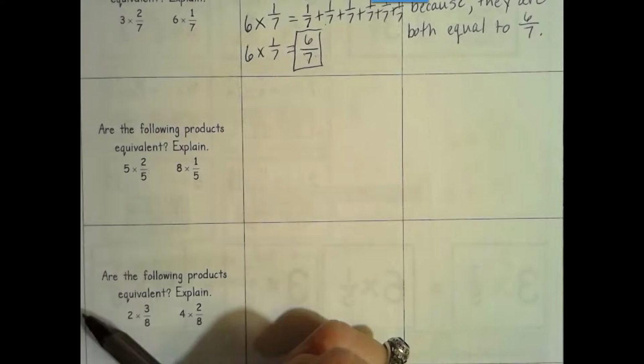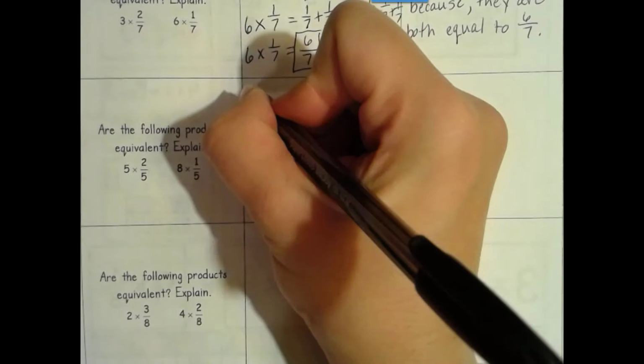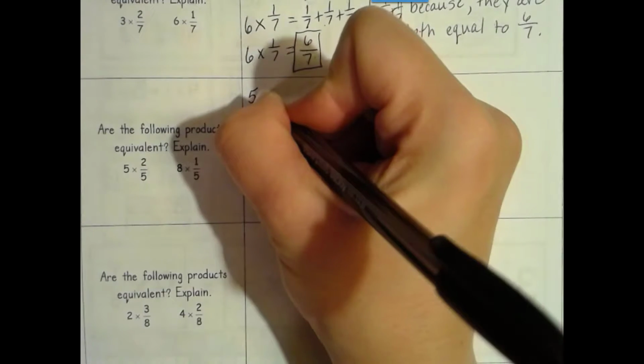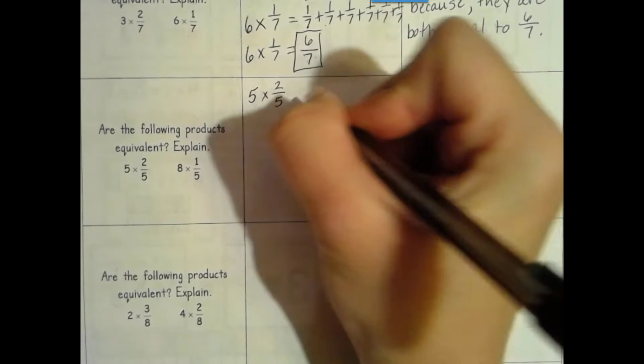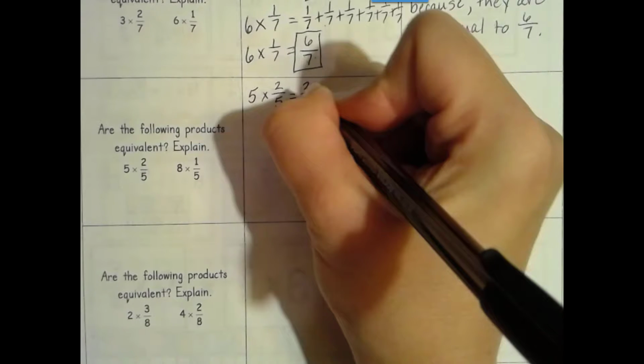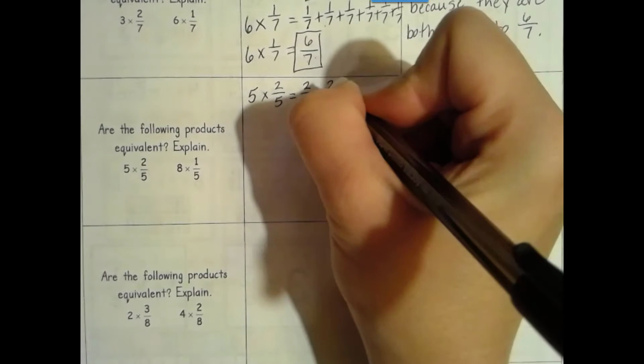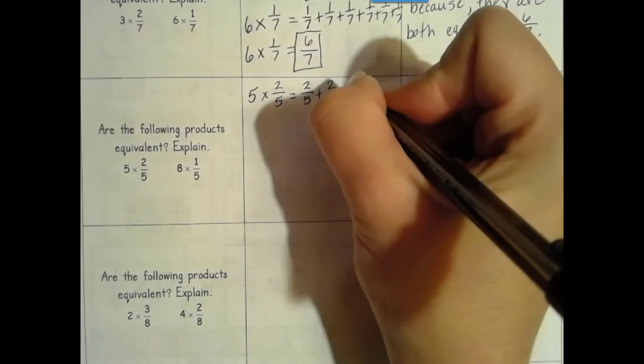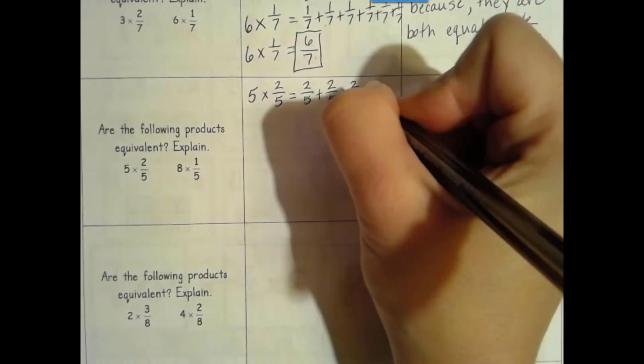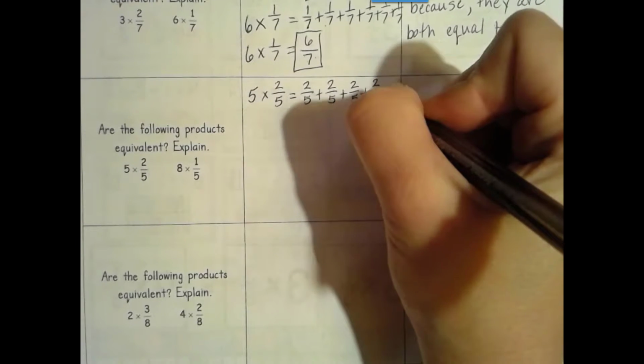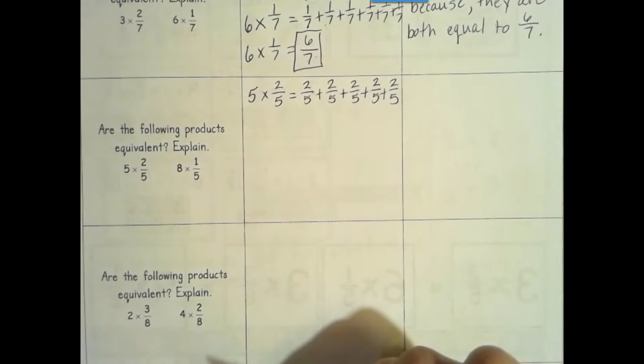Okay, now we're going to look at these two. 5 groups of 2/5. Well, there'd be 1, 2, 3, 4, 5 joined together.